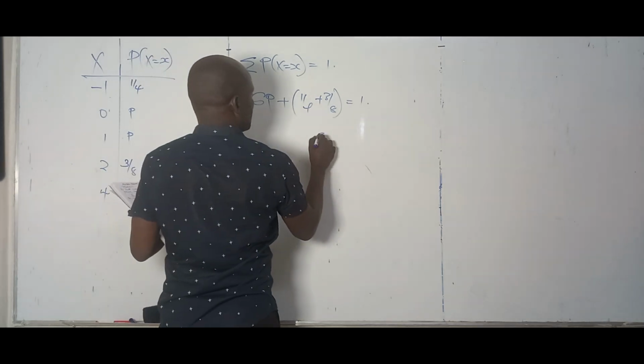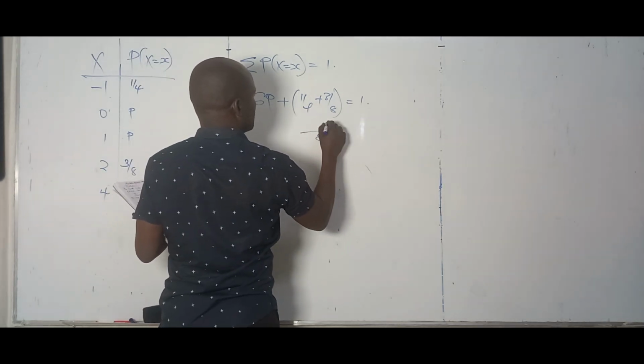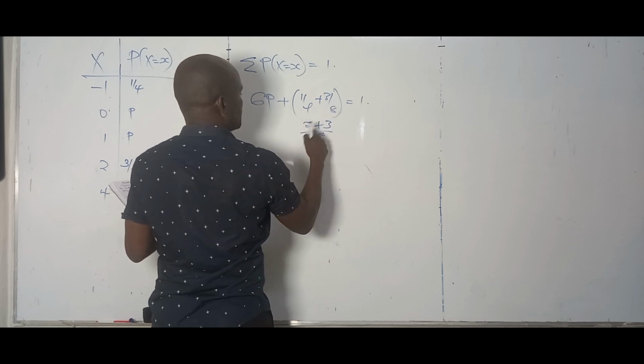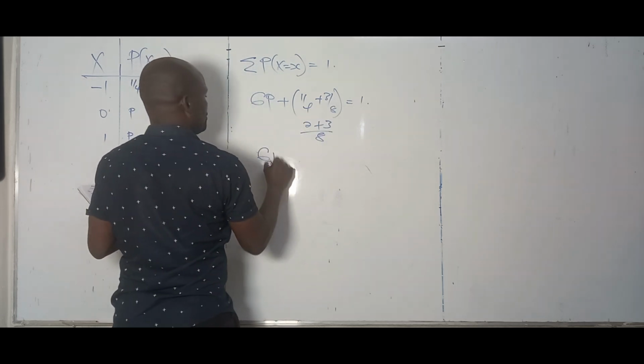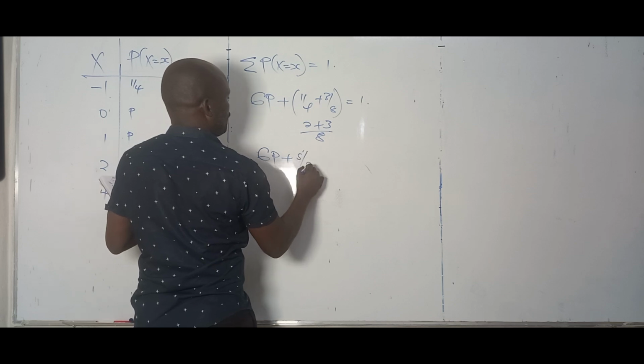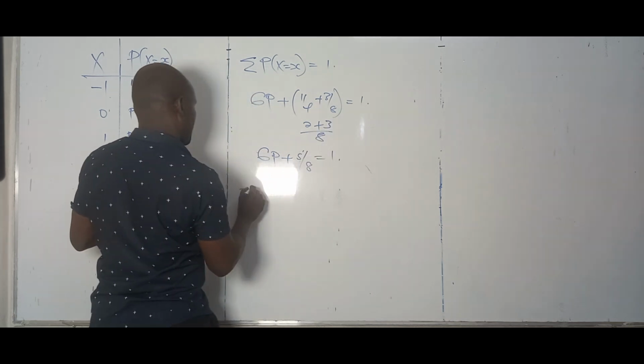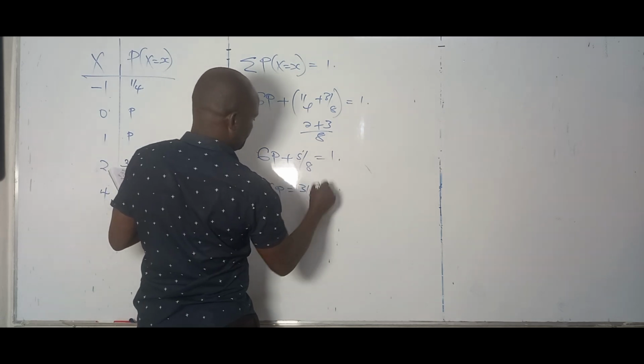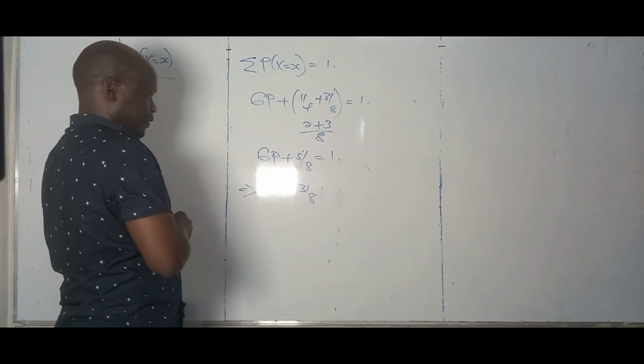But what is this? 8 is the LCM, and that is 2 plus 3, so the whole of that is 5 over 8. So I have 6p plus 5 over 8 is equal to 1, implying that 6p is equal to 3 over 8.